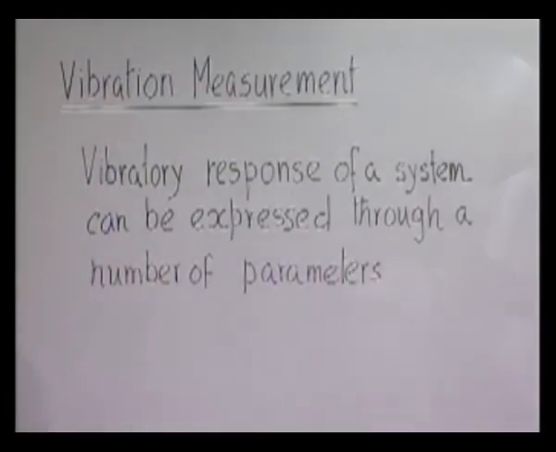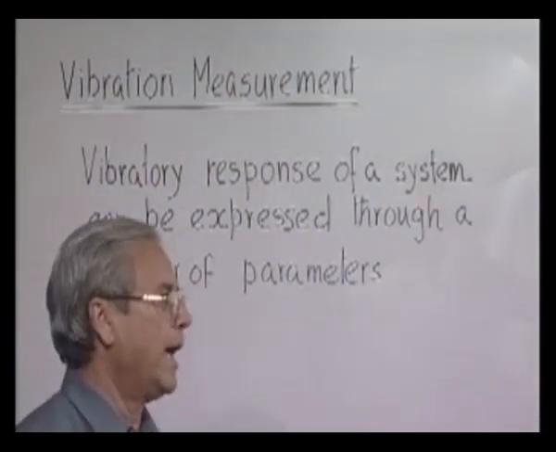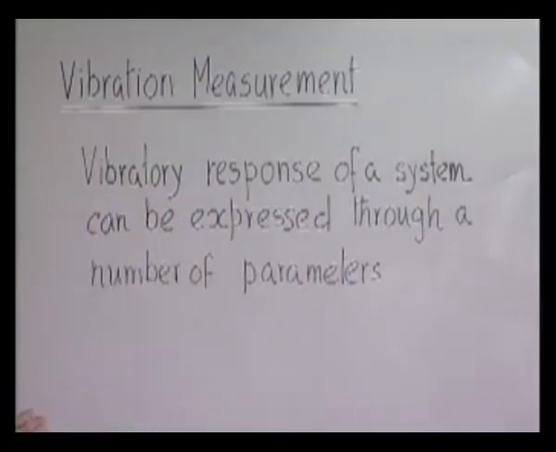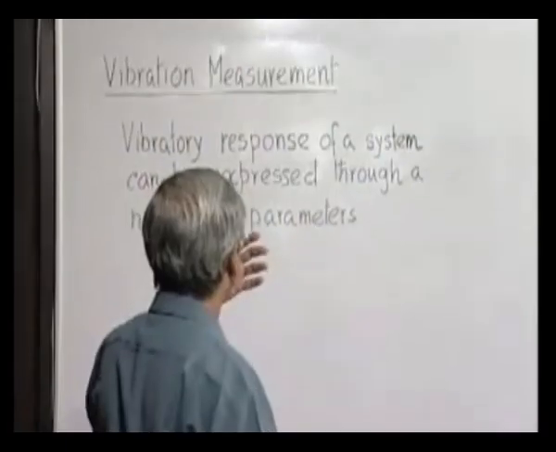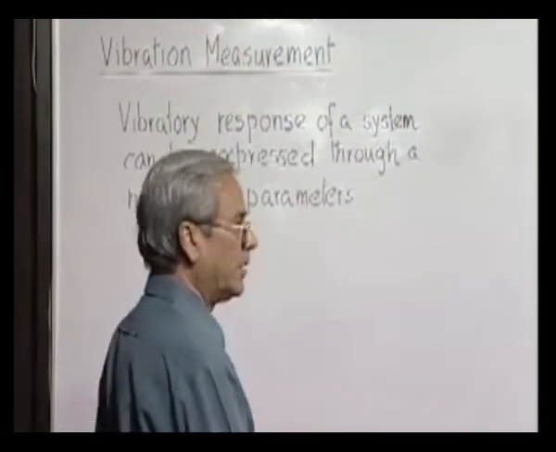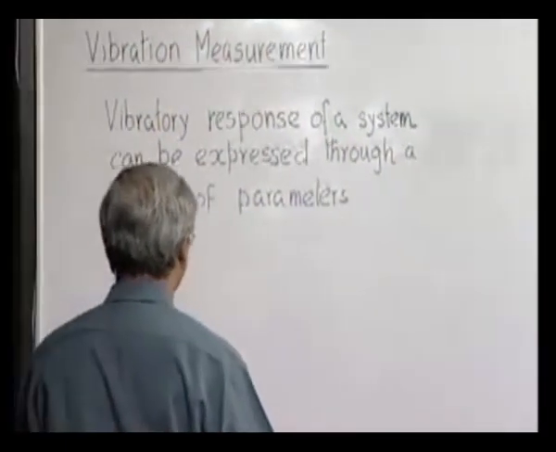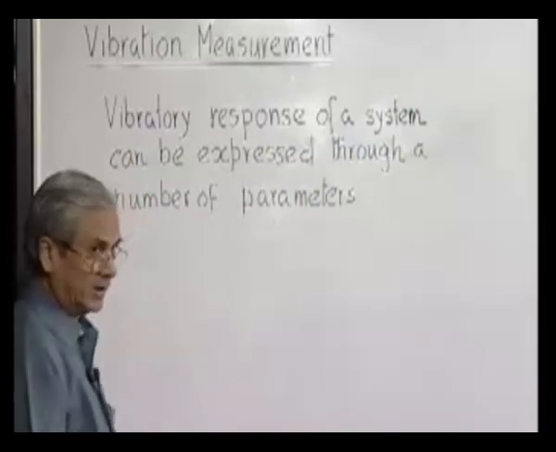The vibration is just a phenomenon, and its description, or the vibratory response of a system, its expression can be done through the various parameters which are associated with this phenomenon.